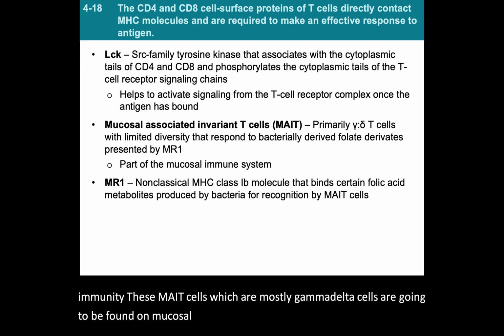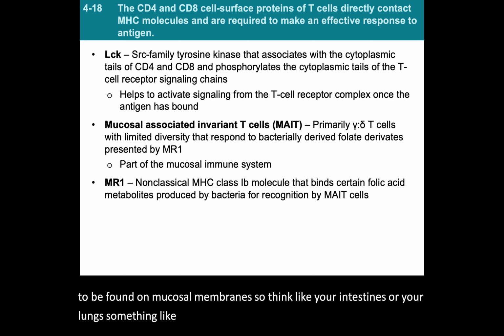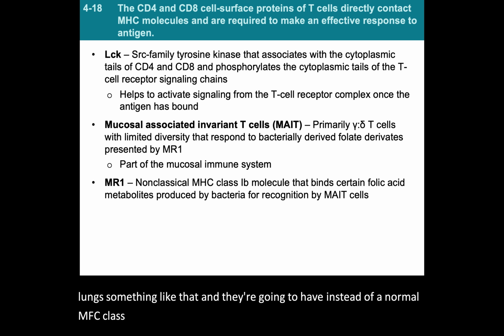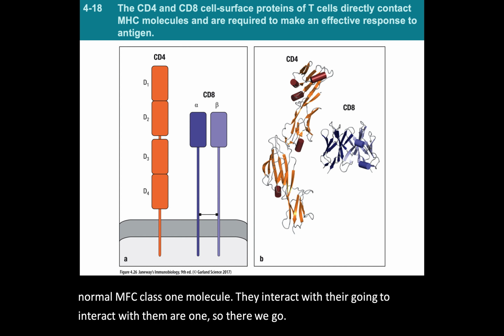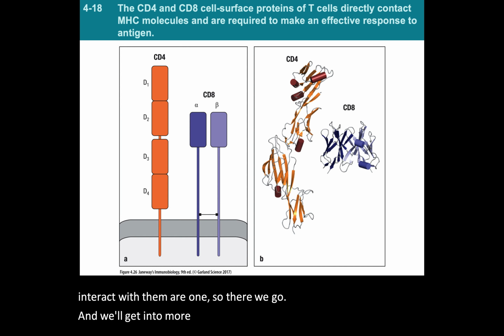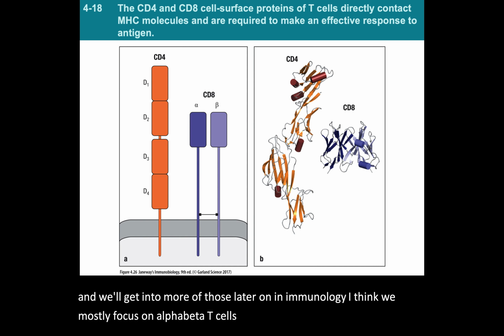So think like your intestines or your lungs. And instead of a normal MHC class 1 molecule, they're going to interact with this MR1. So there we go. And we'll get on to more of those later on in immunology. I think we mostly focus on alpha-beta T cells in this particular chapter.